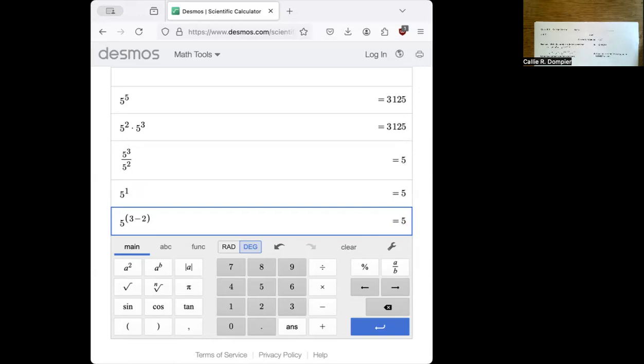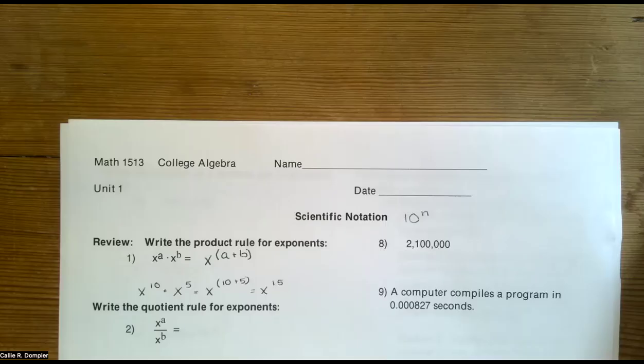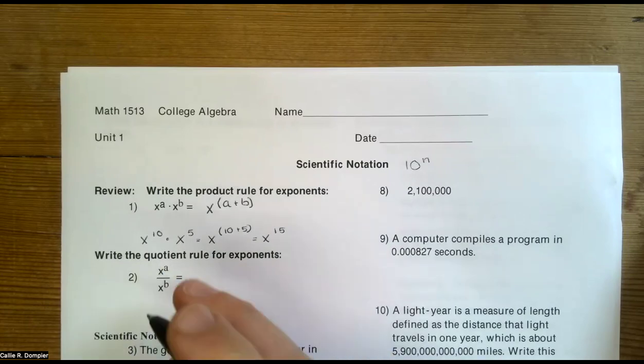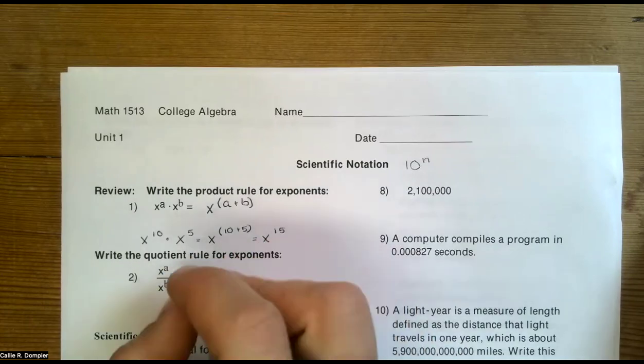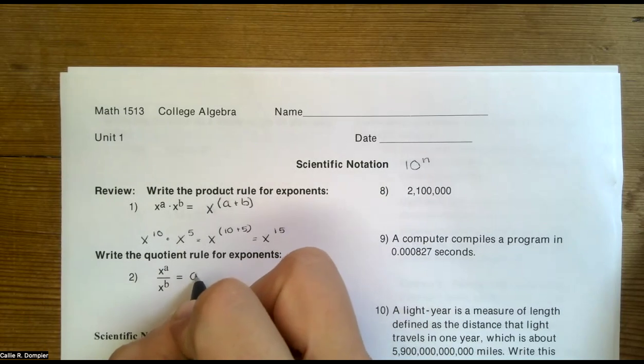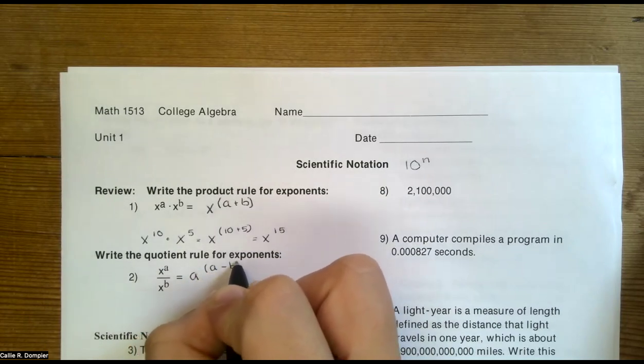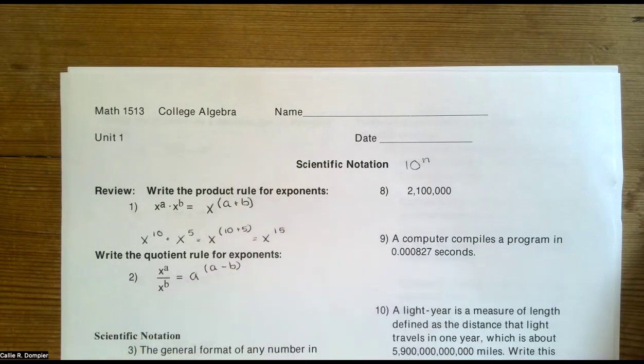So 5 to the power of 3 minus 2, because we're taking that 3 and dividing it by that second. So that rule is the base to the power of A divided by the base to the power of B is equal to that base to the power of the top one minus the bottom one, right?